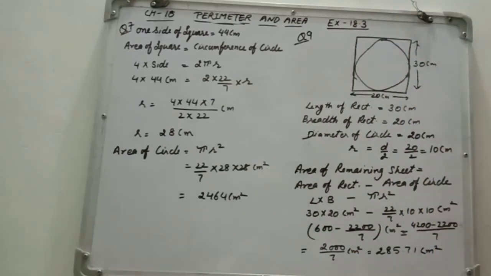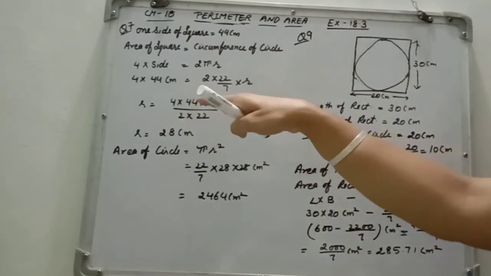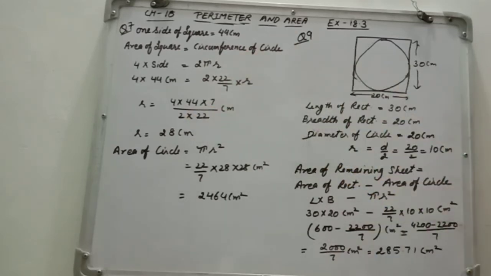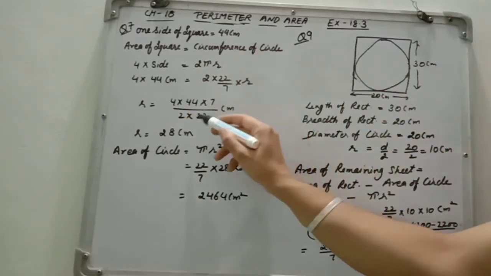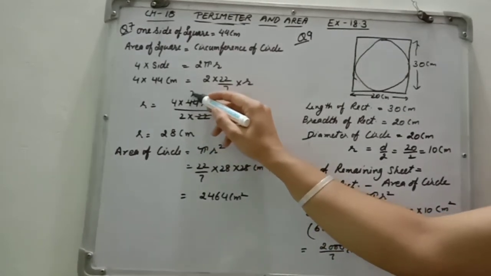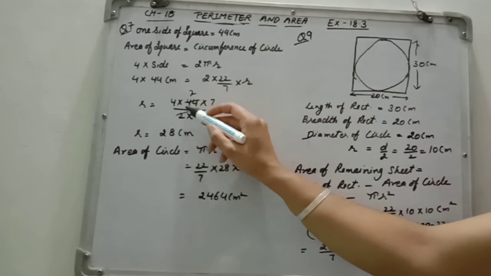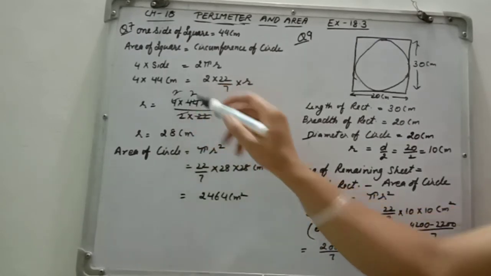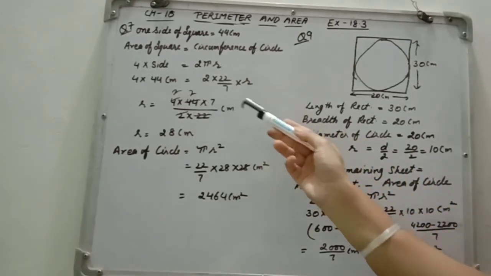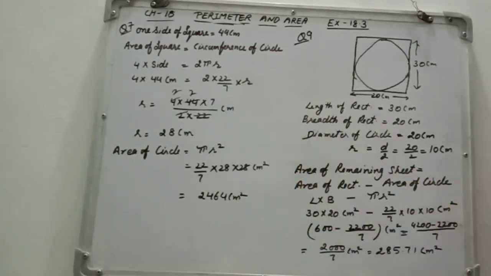Okay, reciprocal on the other side. 4 into 44 into 7 over 2 into 22. So after cutting, 22 2s are 44 and 2 2s are 4. So we get 4 into 7, 28 centimeter is our radius. Okay, r is with us.